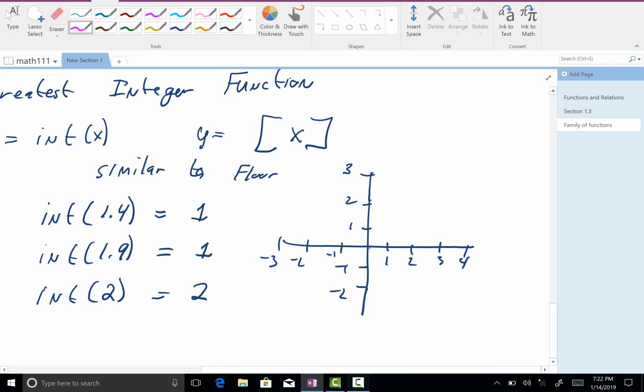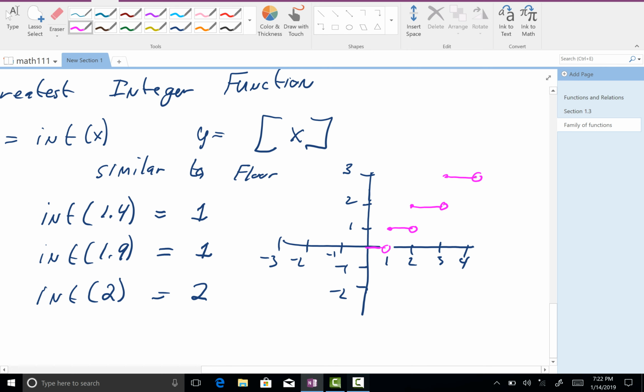So anything from 0 to here with an open dot. I'm trying to draw that with an open dot there. So 0.5, 0.8, 0.9. As soon as it hits 1, it pops up to here. Then we have another open dot, pops up to here. Then we have another open dot, pops up to here. And then we have another open dot.